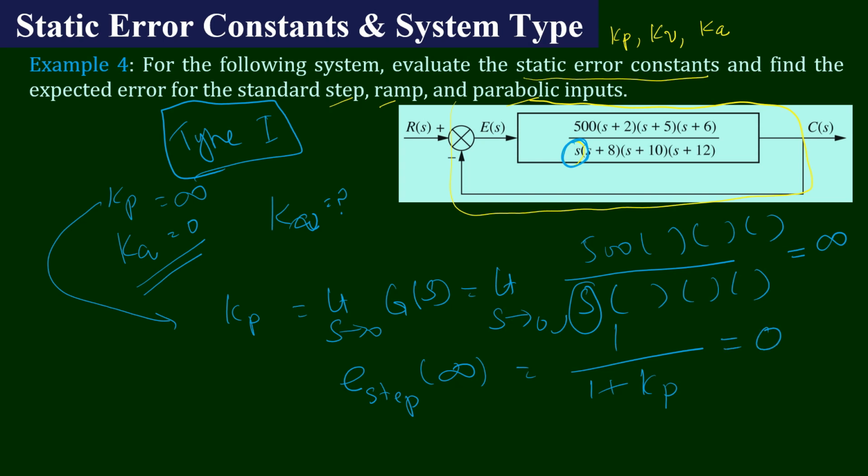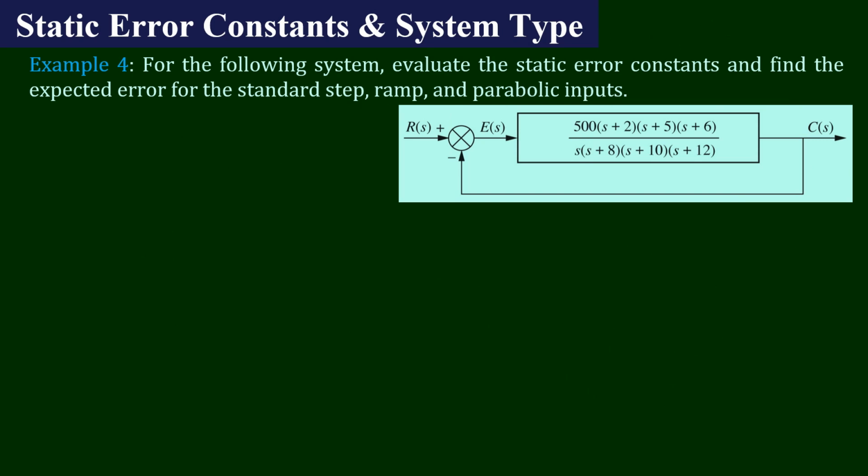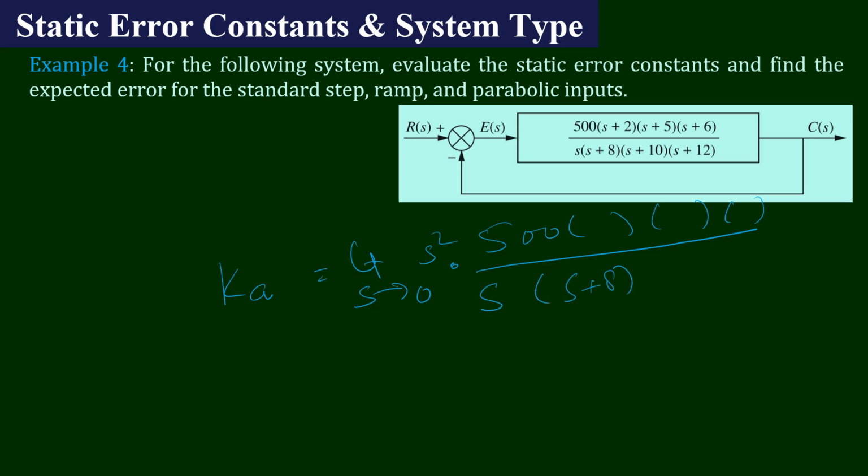The second thing, if we look at Ka, the acceleration constant, Ka will be equal to the limit as s tends to 0 of s squared times 500 into these terms upon s into s plus 8 and so on, and the other factors will not make any difference. The only thing I see here is s, and because of s this will become 0.